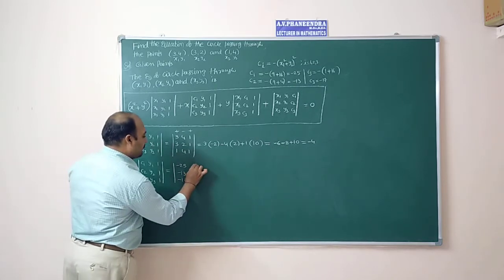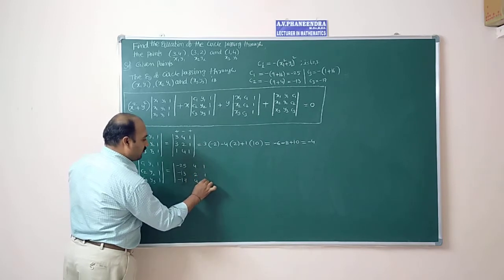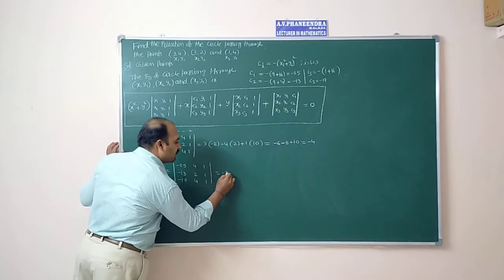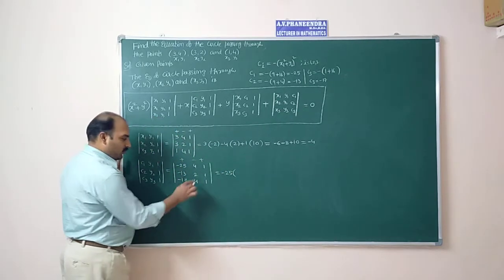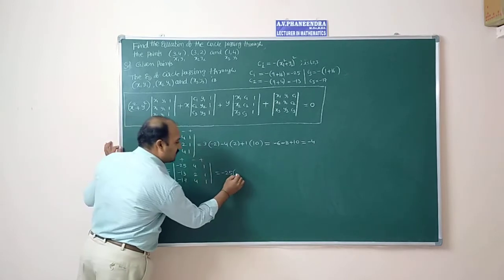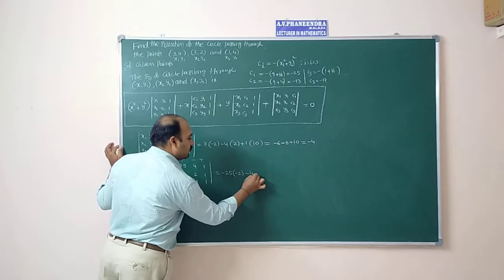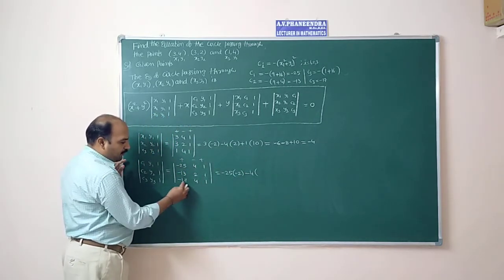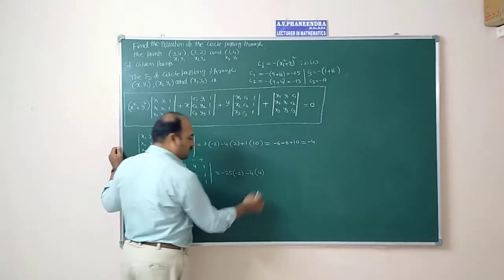Y1, y2, y3 remaining is the same: 4, 2, 4, and 1, 1, 1. You have to expand. Minus 25 into (2 minus 4), so minus 2. Minus 4 into (minus 13 plus 17), and minus 13 plus 17 means plus 4.